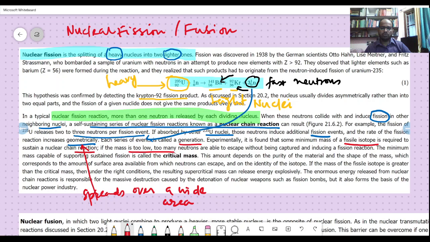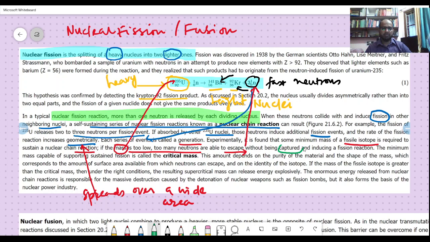If the mass is too low, and mass means weight, this 235 is the mass, too many neutrons are able to escape without being captured and inducing the fission reaction.